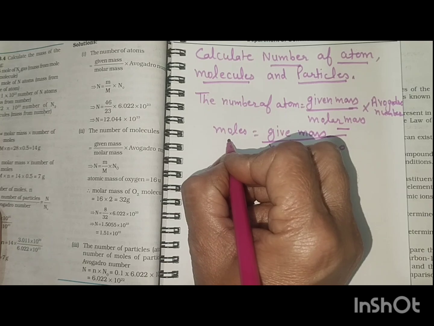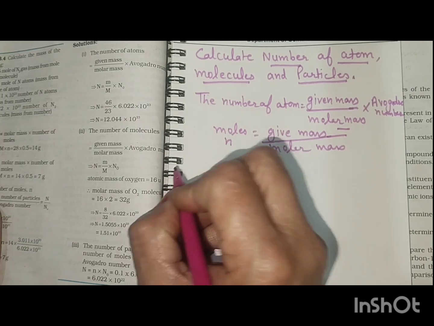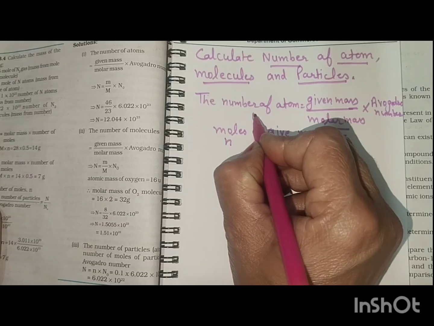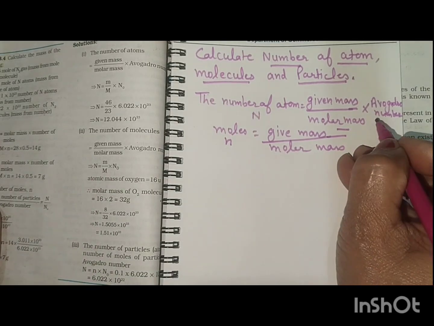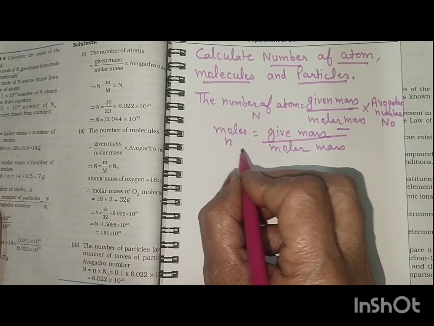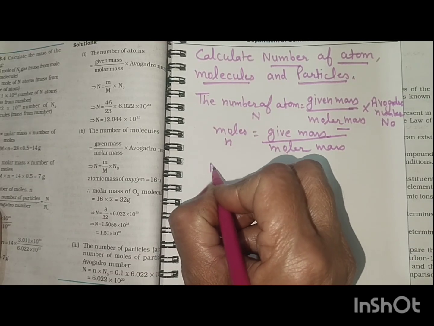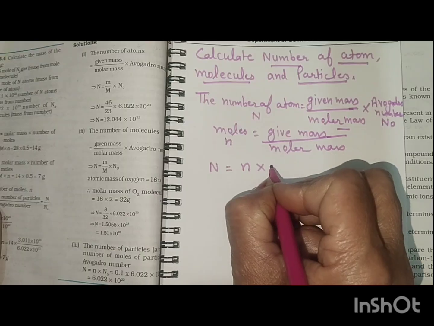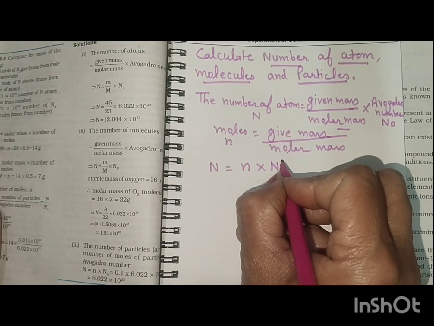This mole is denoted by the small n. Number of atoms is denoted by the capital N. Then Avogadro number is denoted by N0. Then the formula becomes N is equal to small n into N0.